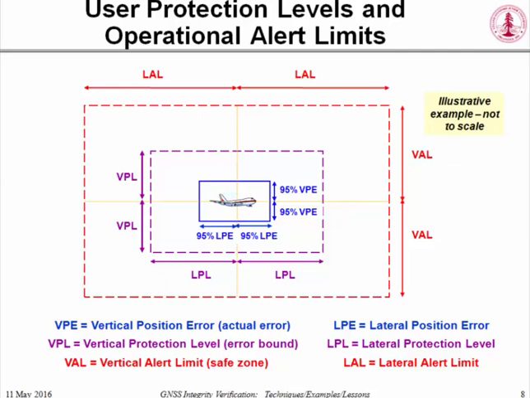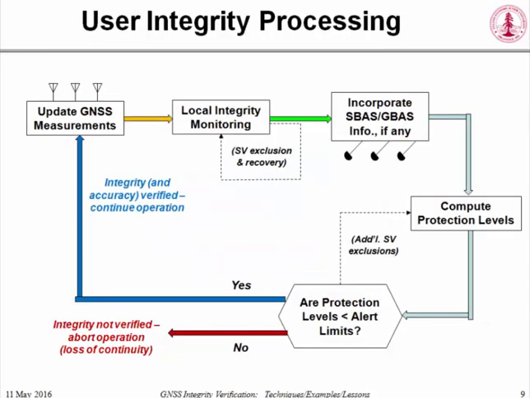As long as the protection levels stay within the alert limits, we verify integrity in real time. We're saying that the unknown 10 to the minus 7 level error is within what's safe. Now again, that's conceptually simple, but it requires a lot of conservatism, and that's really one of the lessons of this talk.